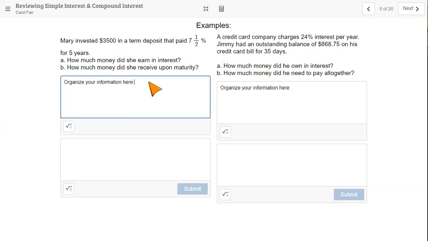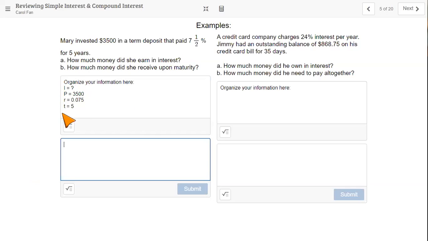So let's organize our information here. P, the principal, is 3,500. The rate is 7.5%, so we're going to take 7.5 divided by 100 to make it a decimal, 0.075. And T is 5 years.